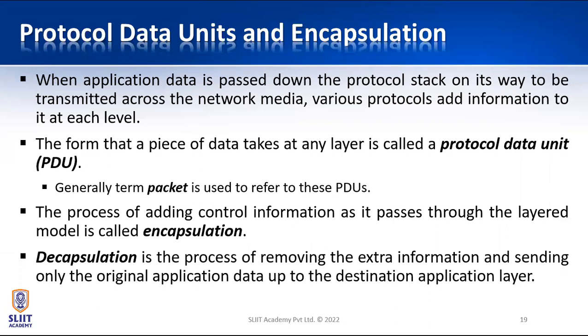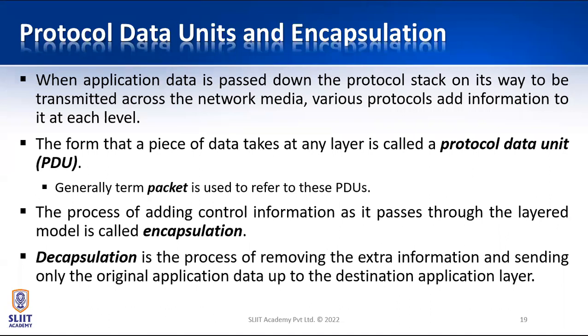The decapsulation process means when you receive this data packet, the received information will first be received by the system's physical layer, right? It will be converted back to the binary format because you are receiving a signal. The signal will be converted back to binary format, and you send it towards the data link layer. The data link layer will see the frame information. It will read the frame header and the trailer information, and then pass it to the next level, that is the network layer.